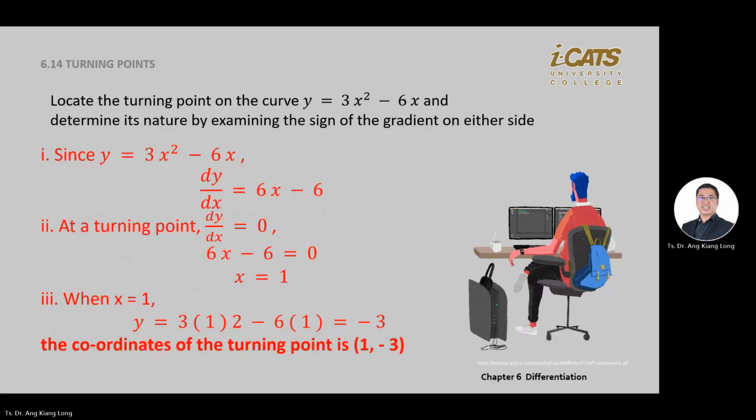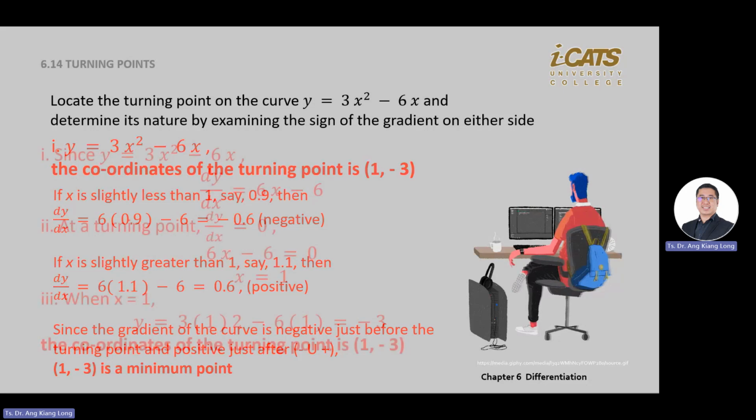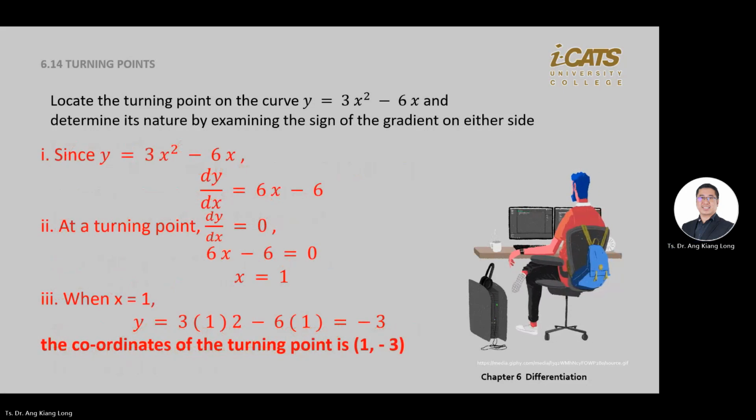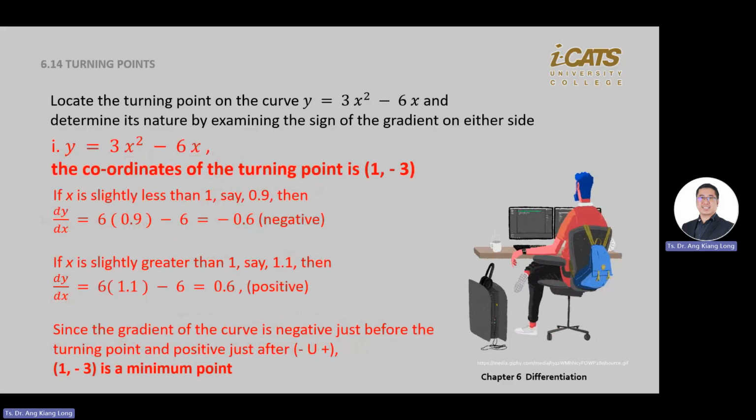The next slide is not highly recommended, but this is a slower way. You know that your x is 1, so you take one point on the left and one point on the right. You use 0.9 on the left and 1.1 on the right.